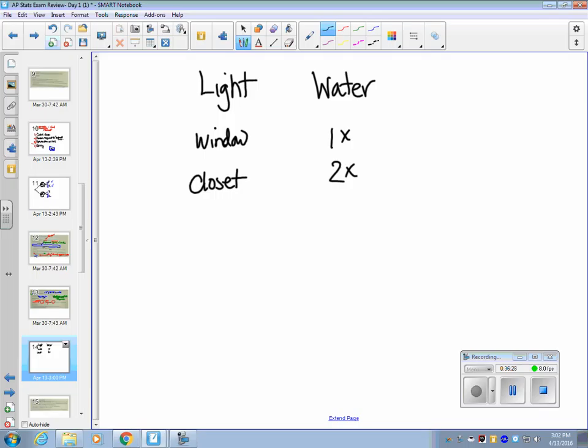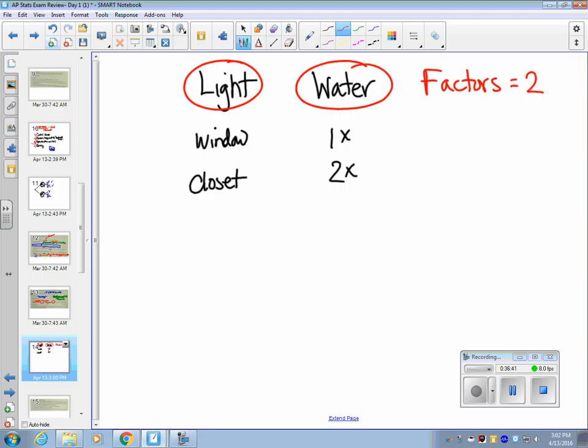And what are the factors? Light and water. Okay, so these are my factors. What are the levels? Would you agree? Each of the factors has 2 levels.